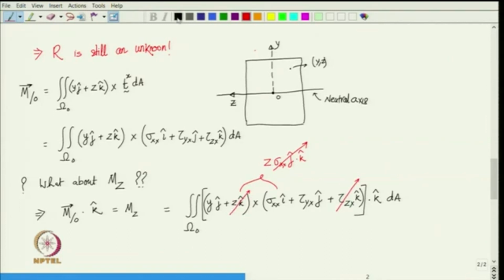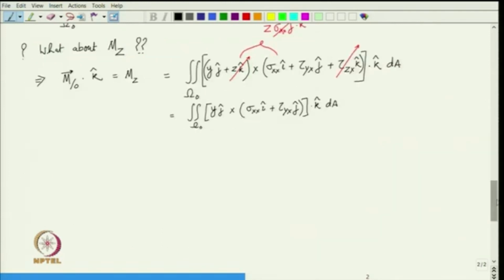So, now we can write this as integration over omega naught of y j cross product sigma x x i plus tau y x j, and then dot with k d a, but again j cross j is 0. So, that does not contribute, and we have only the j cross i, which is minus k, right.